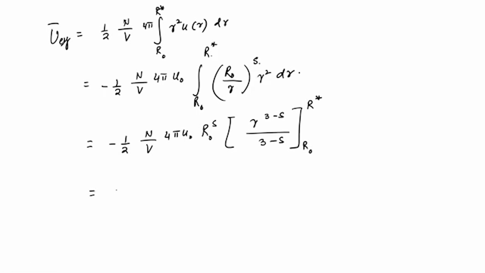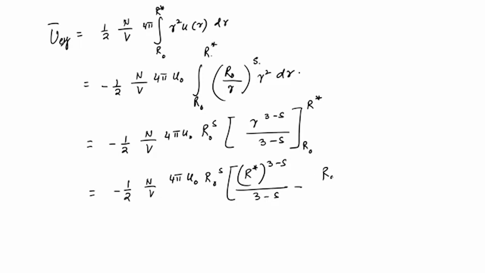So this can be simplified, and one gets half N over V 4 pi u 0 r 0 to the power s, and one has r star to the power 3 minus s divided by 3 minus s, minus r 0 to the power 3 minus s divided by 3 minus s. So, that is the form for u effective.